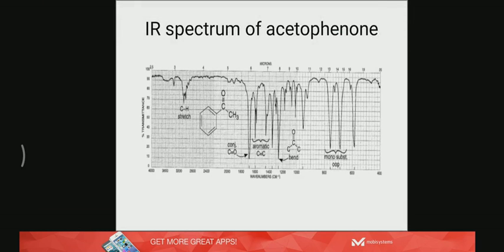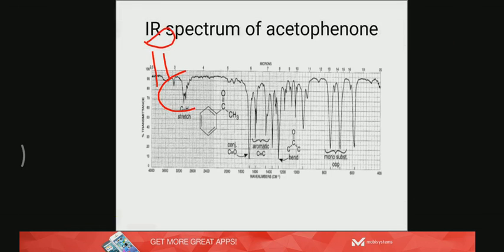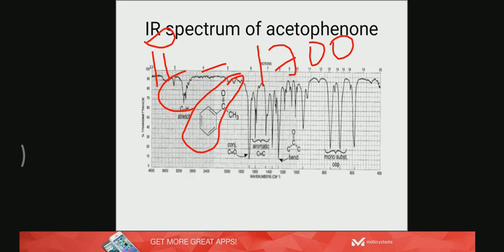And then next we take aromatic ketone. See, here also the most distinguishing peak is that of the carbonyl group, just like in the case of benzaldehyde. Here also, due to conjugation with the ring, the C=O frequency will be lowered to around 1700 centimeter inverse. And then as usual there will be aromatic CH stretching around 3050, just above 3000.